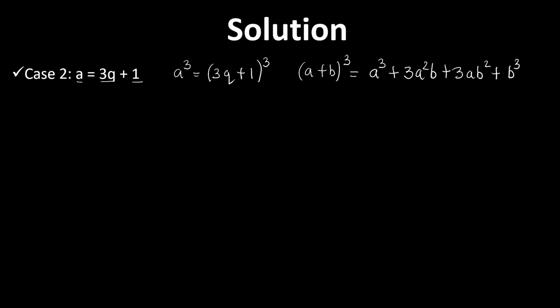So, using this identity, we are going to expand 3q plus 1 whole cube, where if you compare, a is nothing but 3q and b value we are going to take as 1.